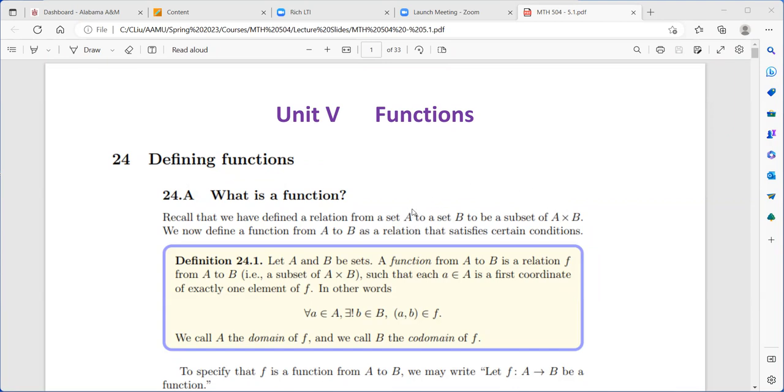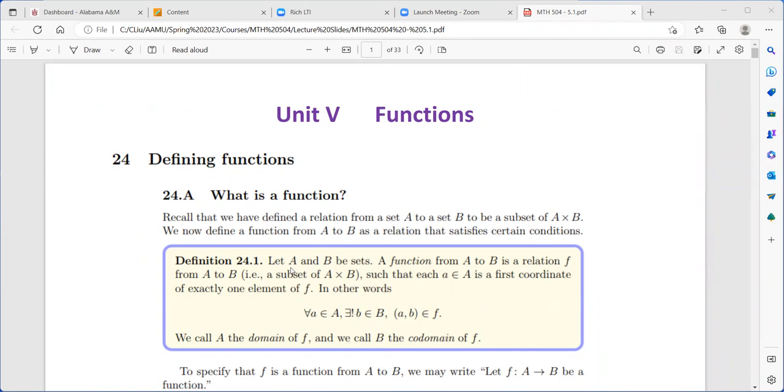We need to include all the elements in A in the definition of the function. So that makes the function a set of all the pairs. The important thing is that when you define a function, all the elements in set A must be included in this set of pairs.